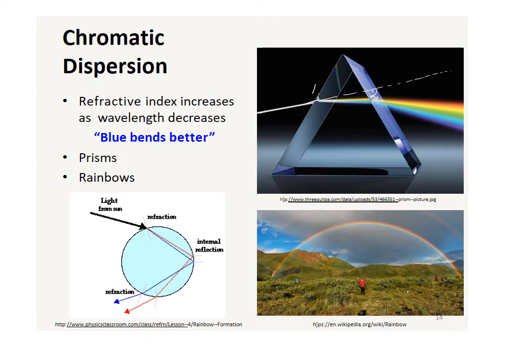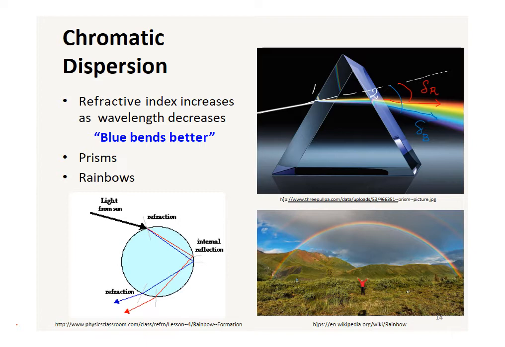Now, the important thing to notice in this situation is that the red light, which ends up going in this direction, has a certain angle of deviation, but the blue light has a different angle of deviation. And this is because the blue light sees a higher refractive index than the red light sees.